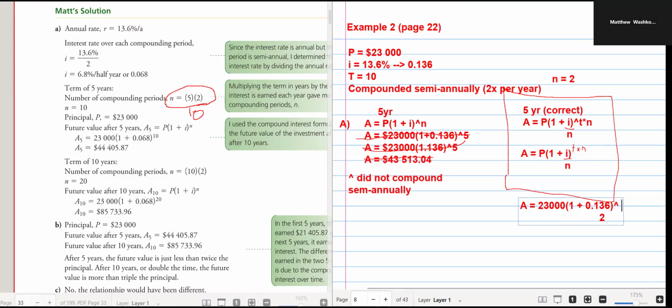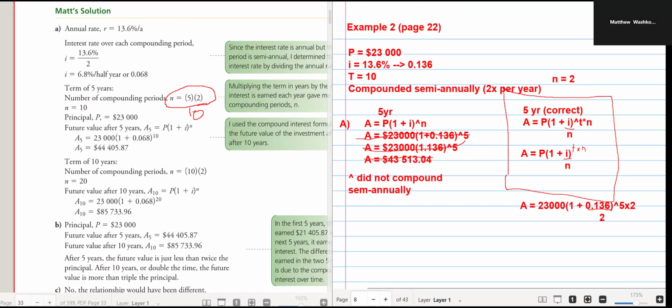All to the power of what's my T? What's my loan term in years? 5 years. And then how many times is it compounded in a year? 2, which is 10. So this is what it actually is. I know this isn't what's in your textbook, but I promise you'll be better ahead if you do this.